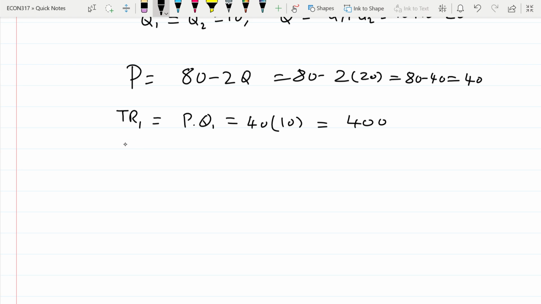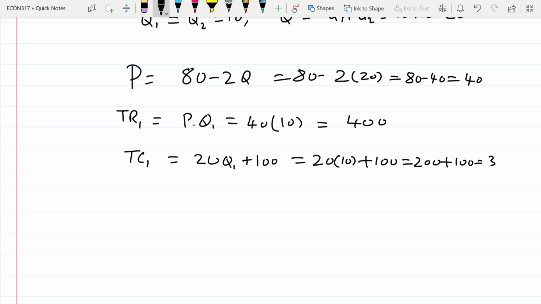$400. Then the cost for firm 1 is $20 Q1 plus 100, so 20 times 10 plus 100, 200 plus 100 turns out to be 300, which means now the profit for firm 1, I will call it pi star.